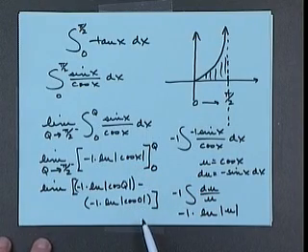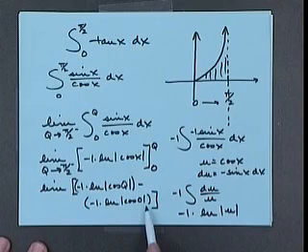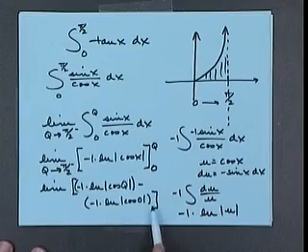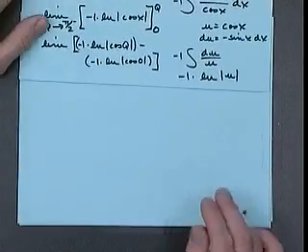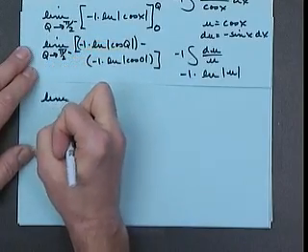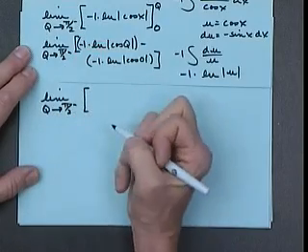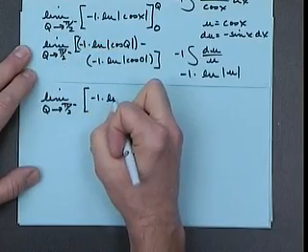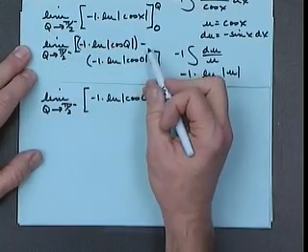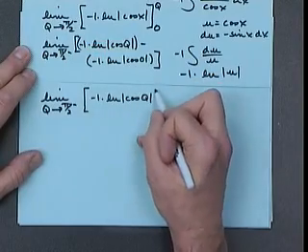I hesitated there because I thought we were going to have a problem with that as well, but we're not. Because the cosine of 0 is 1, and the natural log of 1 is 0. So that term just becomes 0. -1 times 0 is 0, so minus 0, I'm not going to write it down.